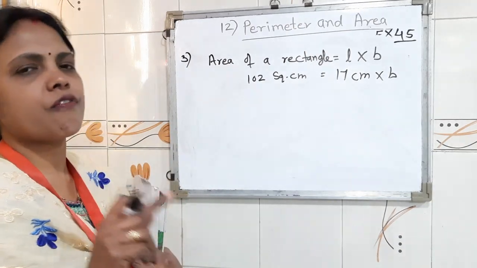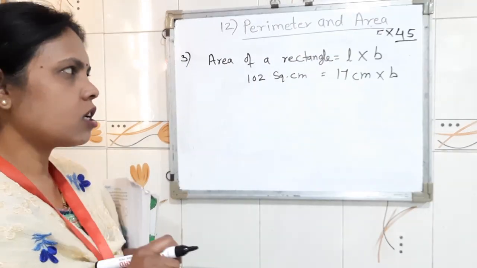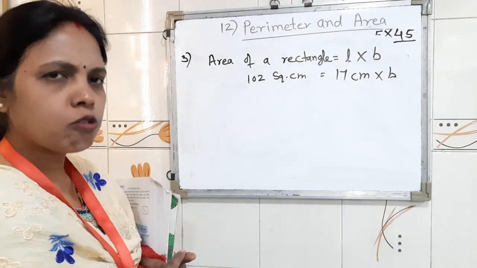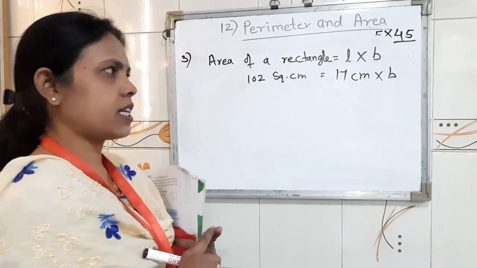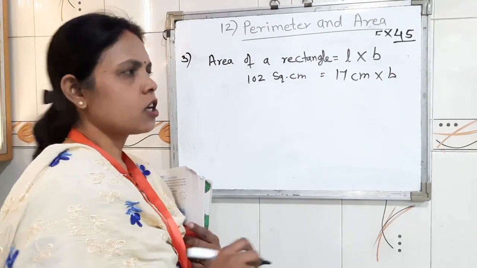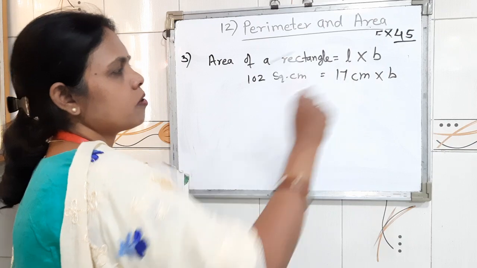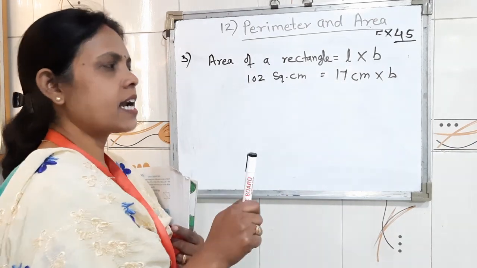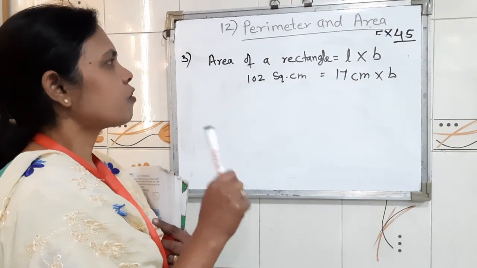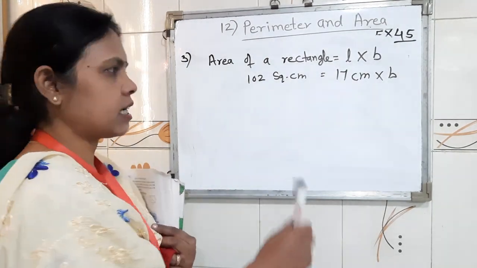The perimeter of a rectangle. So children, first we are going to apply area of a rectangle with the help of its length and breadth. From this we will find out breadth. When we get breadth, after that we will apply the perimeter of a rectangle.